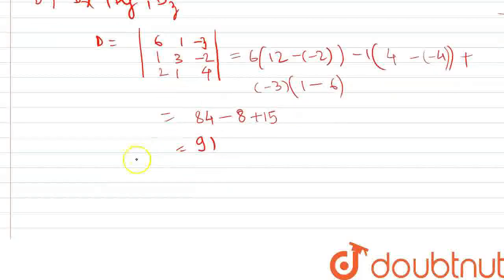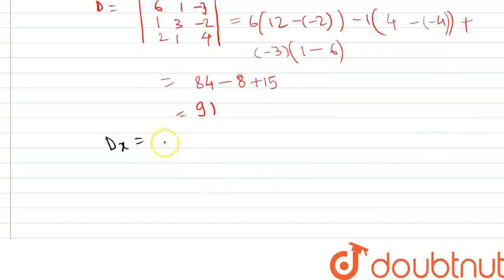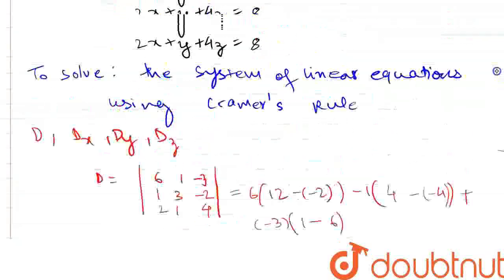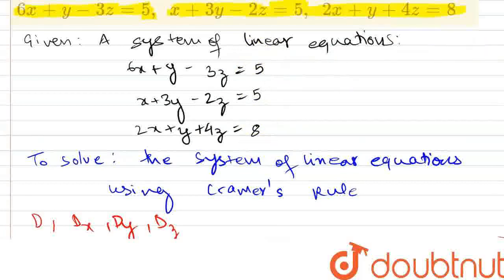Next, we need to calculate Dx. Dx is the determinant where we keep the y and z coefficients the same as in determinant D, and instead of the x coefficients, we keep the constants in the equations, which are 5, 5 and 8.